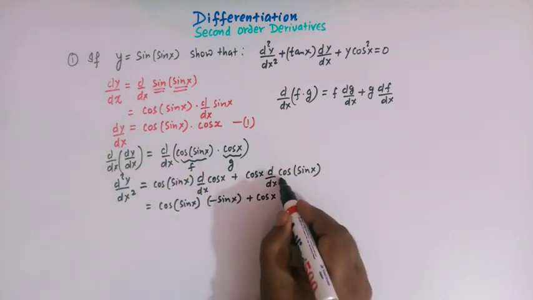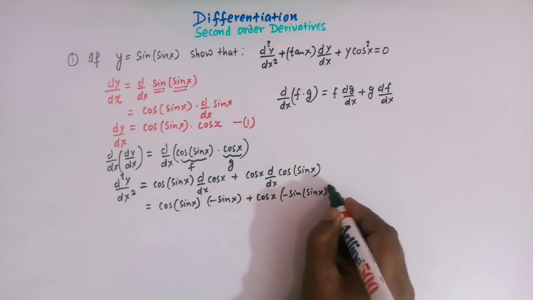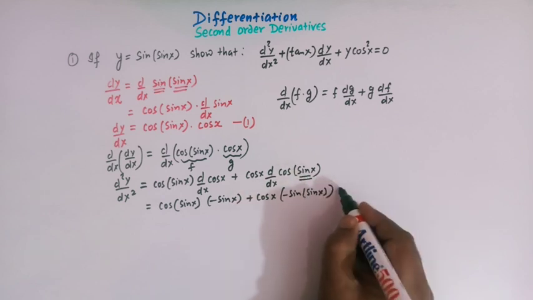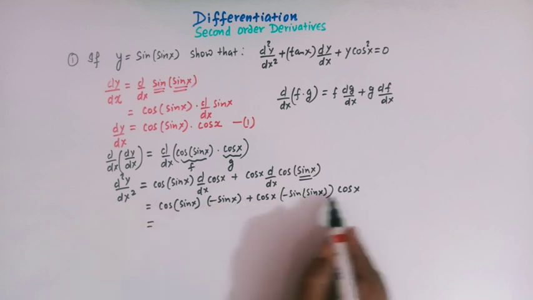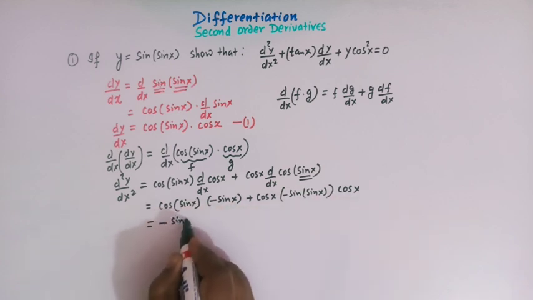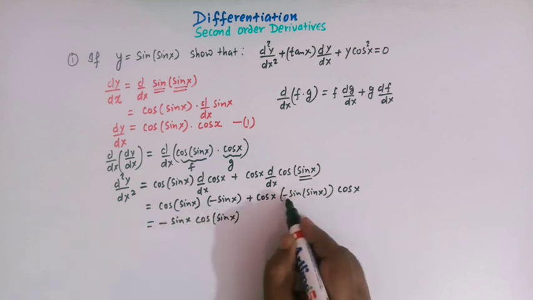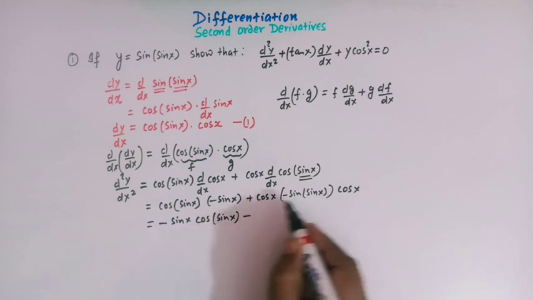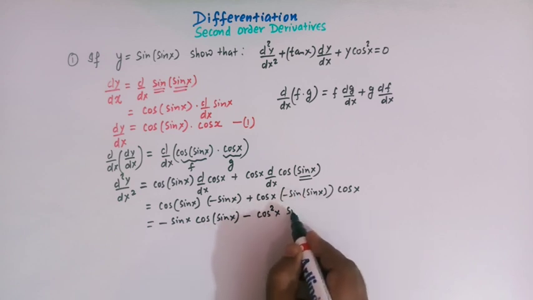The derivative of cos of sine x is minus sine of sine x, and then by chain rule the derivative of sine x is cos x. Now we can simplify it. This is minus sine x times cos of sine x, and then minus cos x times cos x, which is cos square x, times sine of sine x.